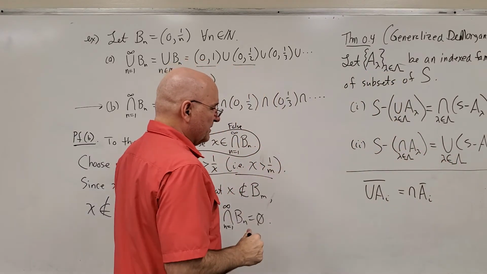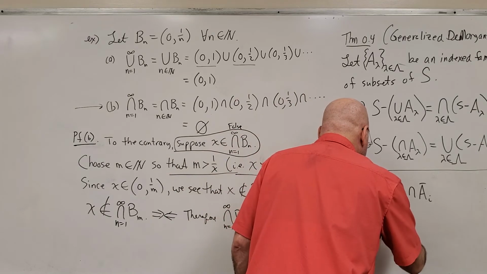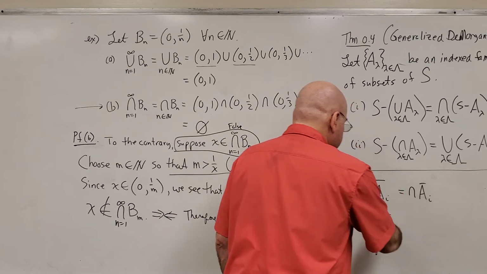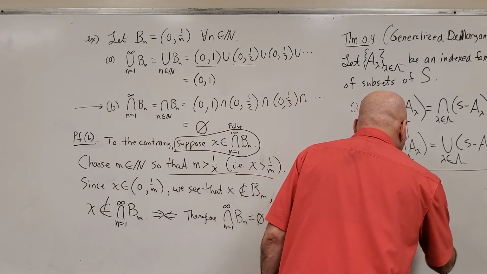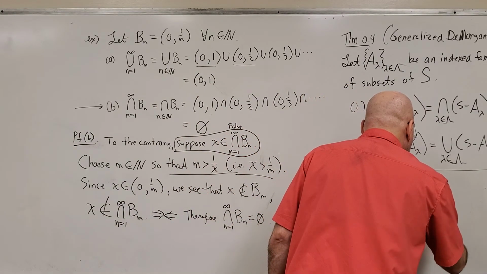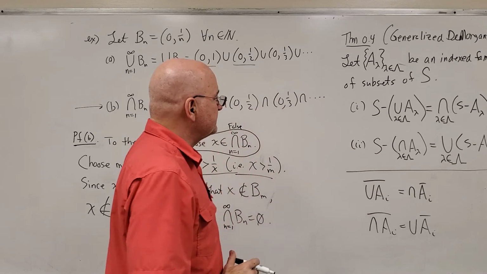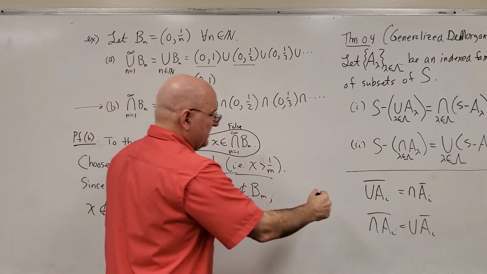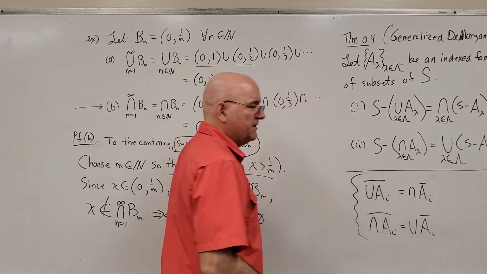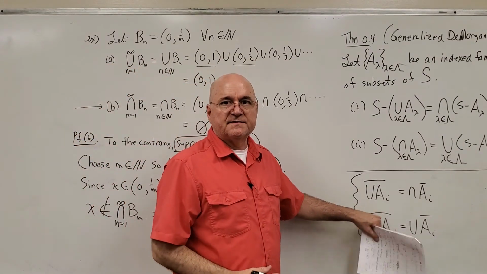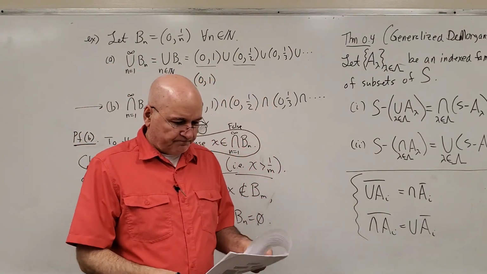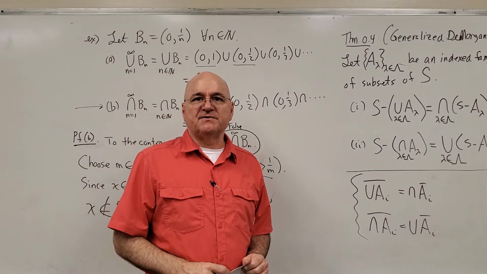That would be one of De Morgan's laws, and the other one would look like this. If you take the intersection of all the sets, and then take the complement, you're going to get the union of the individual complements. This is kind of the original De Morgan's law for more than 2 sets. And that finishes off section 0.1.